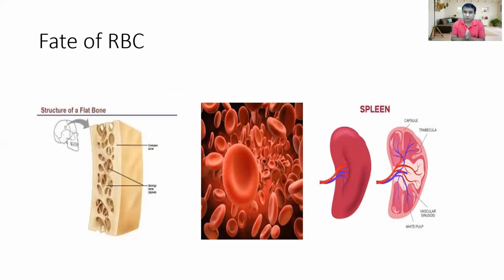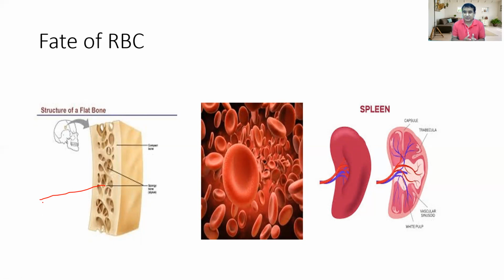So let us look at the life cycle of the RBC. The life cycle of the RBC starts from the marrow of the flat bones or the terminal end of the long bones. The site is called the bone marrow. This is the site where erythropoiesis occurs, where RBC formation occurs.